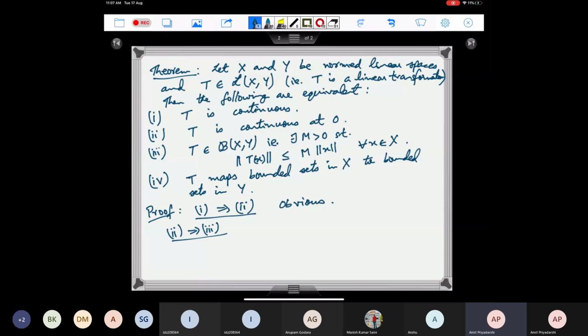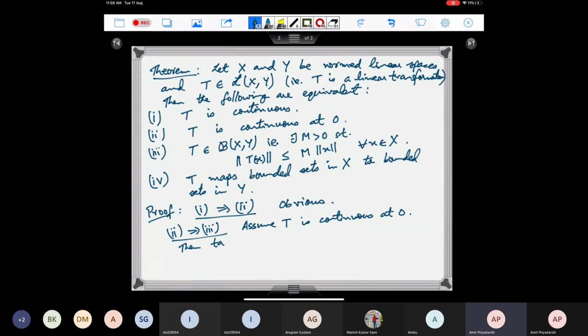So assume T is continuous at 0. We will use the epsilon-delta definition of continuity.